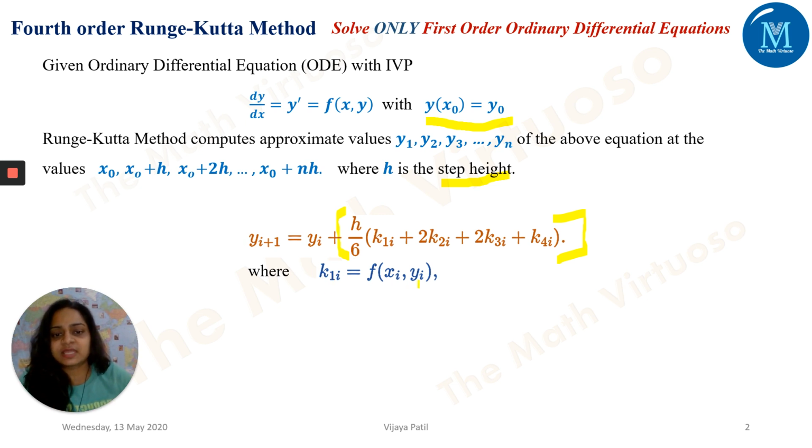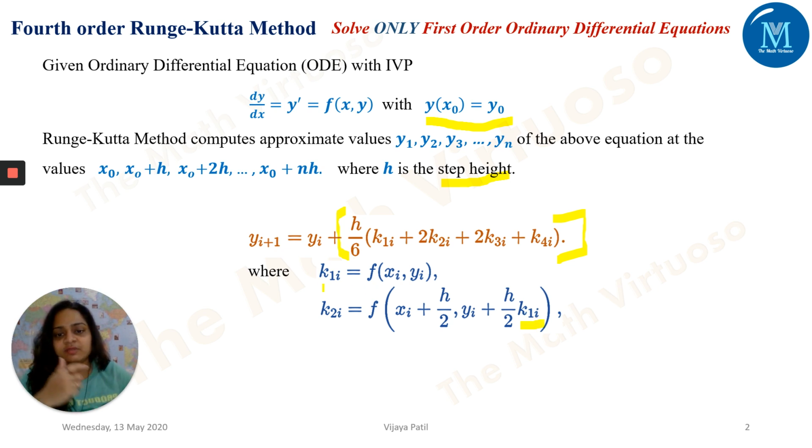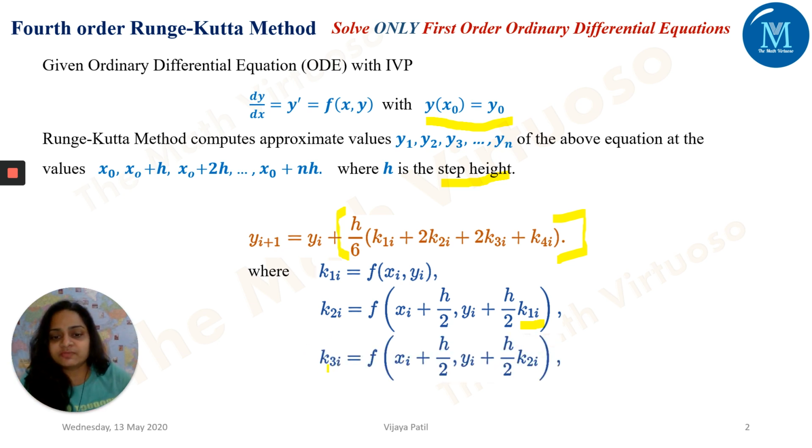k1i is f(xi, yi). k2i is f(xi + h/2, yi + (h/2) k1i). That means whatever value we got for k1i, we'll use it to calculate k2i. Similarly, if you observe k3i, the formula is this: xi + h/2 remains the same. Where is the change?